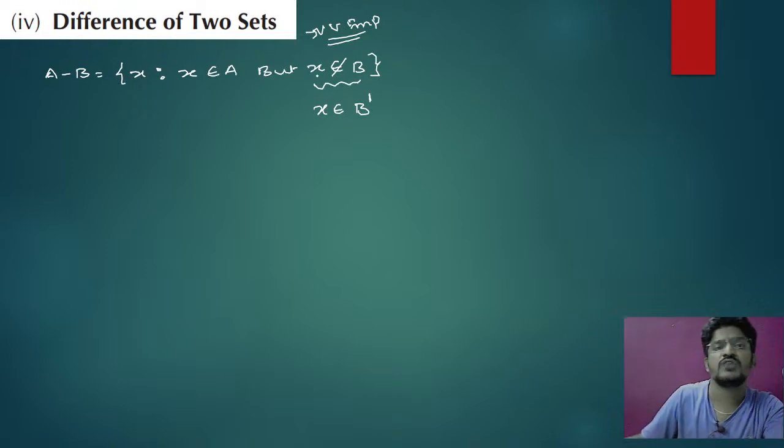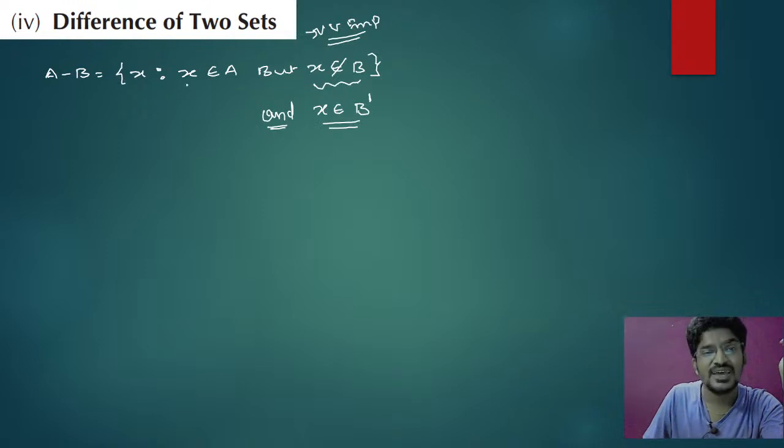Okay. So therefore, you can just say x belongs to A and x belongs to B complement.